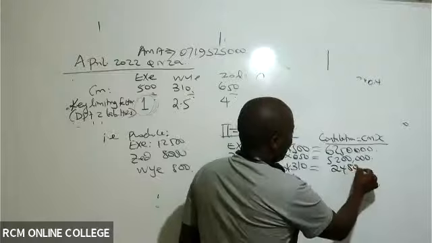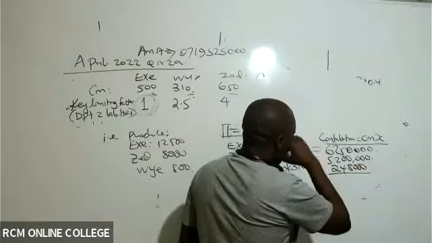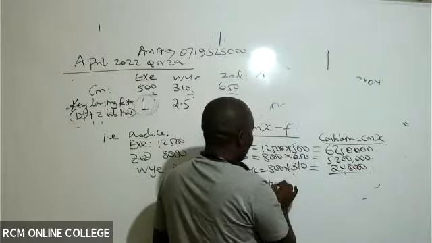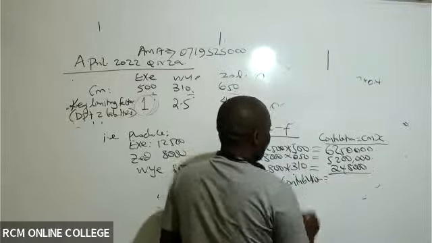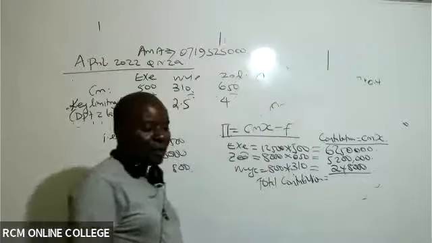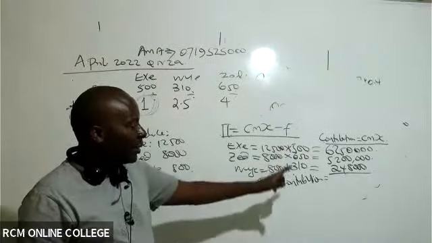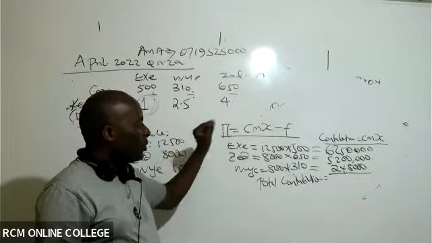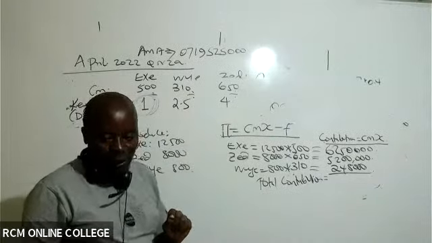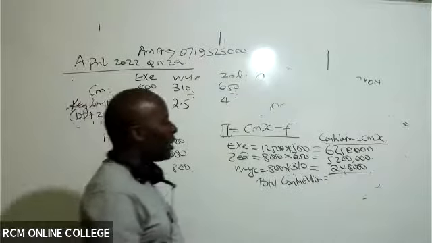Then you give me now the total contribution. Add, because anytime they want us to give them profit, it is total contribution minus fixed cost. So somebody give me 11,698,000.